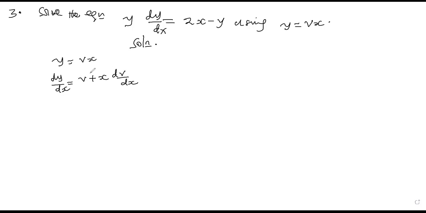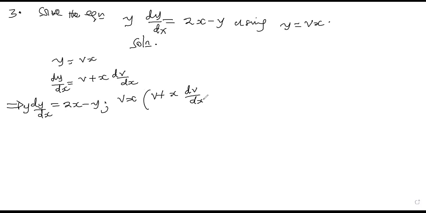This has to be the first step, implying that y dy/dx plus x minus y, it would mean that this one will be the same as where y is, we shall put vx, so vx times v plus x dv/dx is going to be equal to 2x minus y, which is vx.